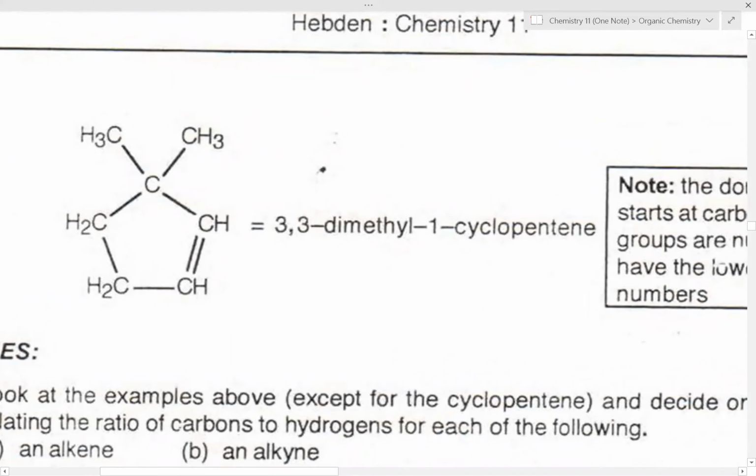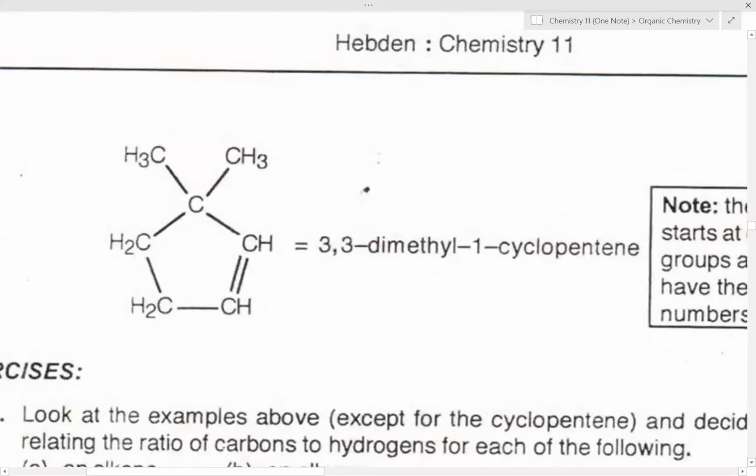Now, how did we get the 3,3-dimethyl-1-cyclopentene? It goes like this. 1, 2, 3, 4, 5. Now, you might say, Mr. Chan, why don't they do this?